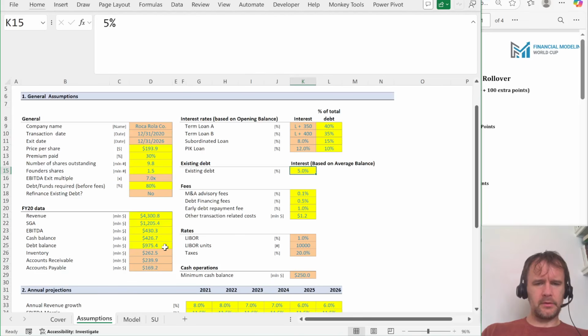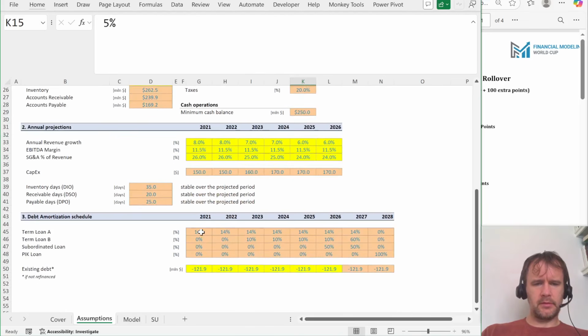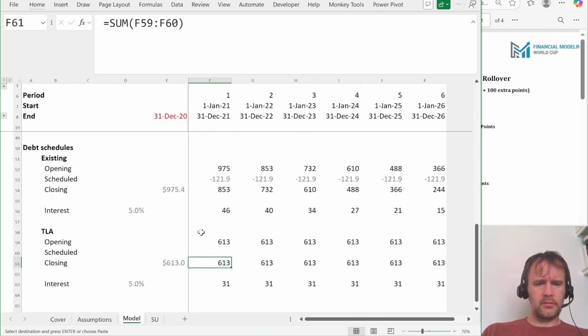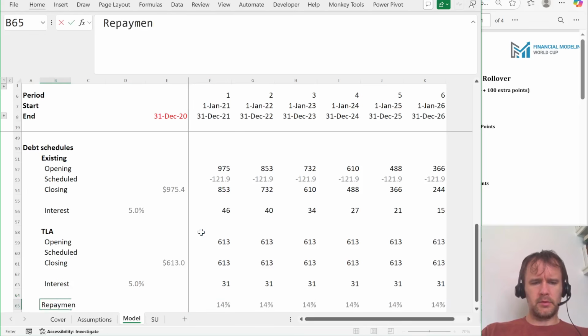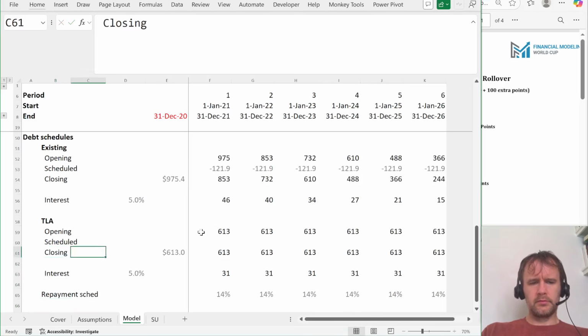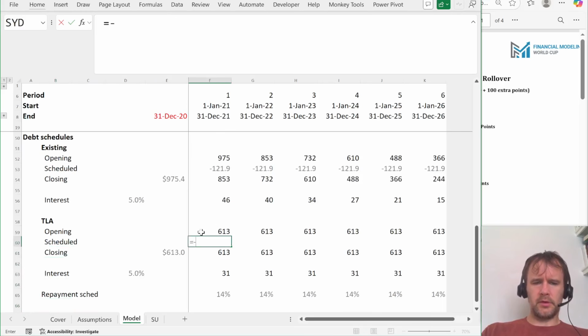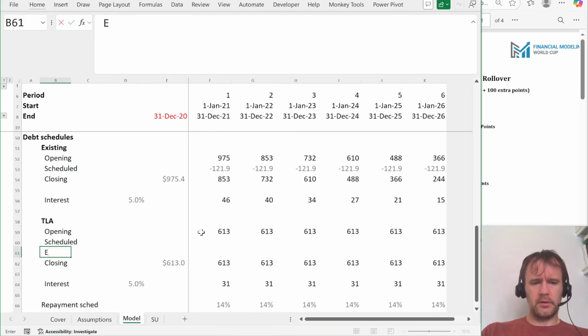Then the scheduled will be based on this. Sorry, only got to 26. Repayment schedule. So it's going to be minus. Right, sorry, so scheduled, and there's also early.